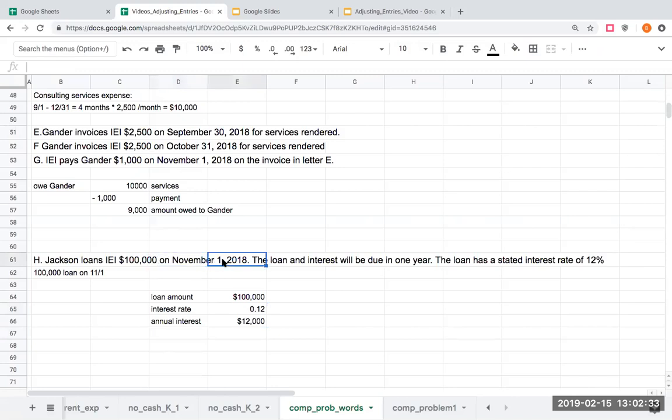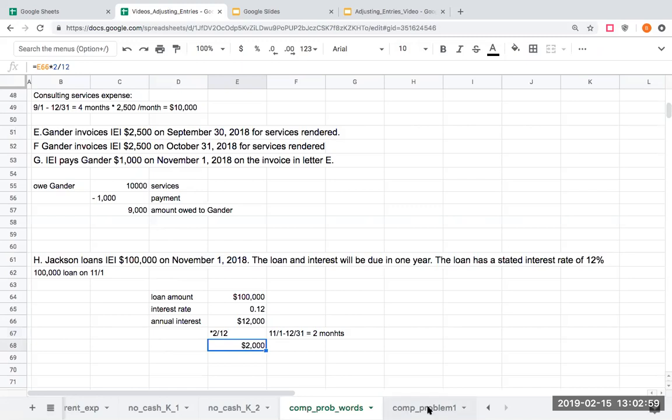In this case, it was only for 2 months, from 11/1 through 12/31. So I'm going to multiply this by 2/12. And when I multiply this by 2/12, I'm going to get $2,000.